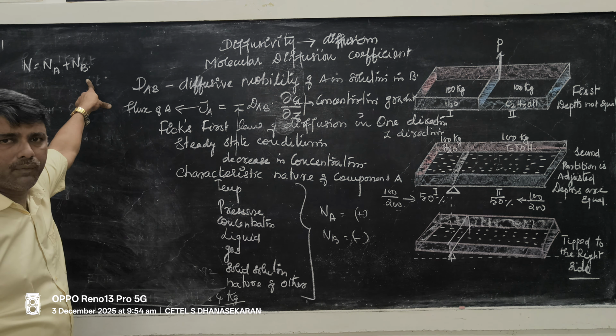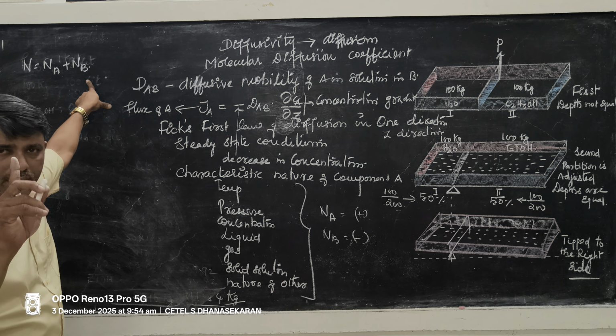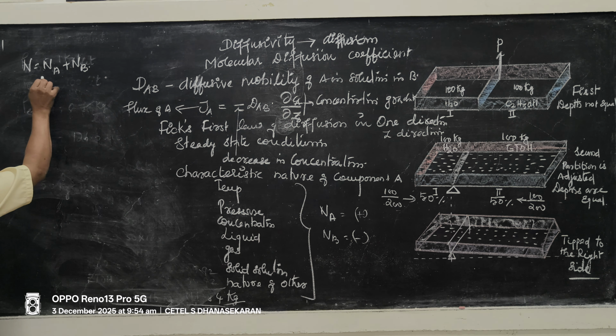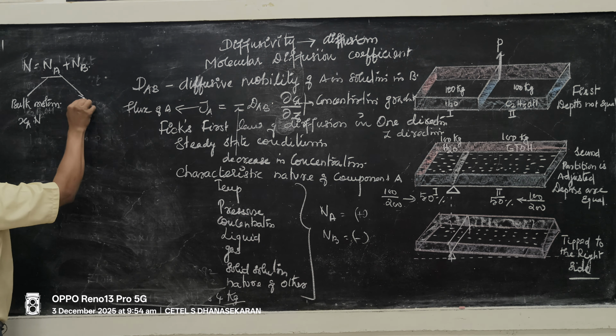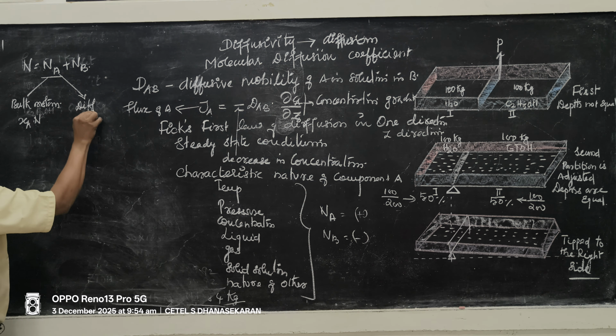Now I am going to write the flux equation for component A. This is made up of two parts. One is flux by bulk motion, that means total flux into mole fraction, that is XA into N. The other is the diffusion process, that means JA.